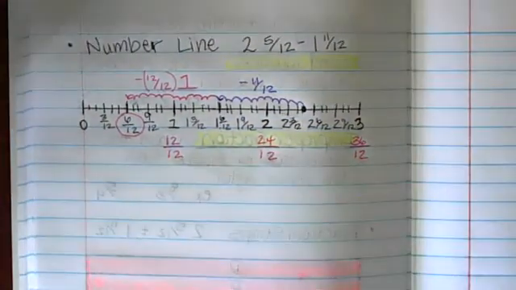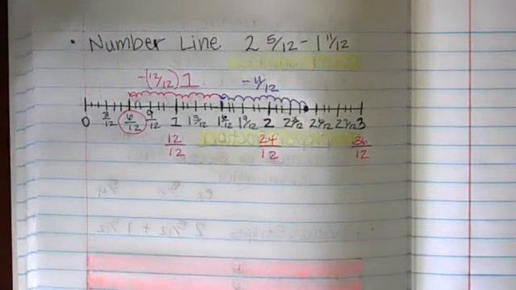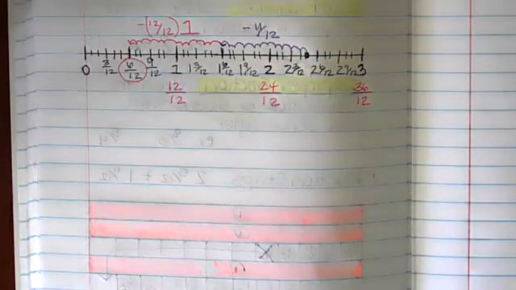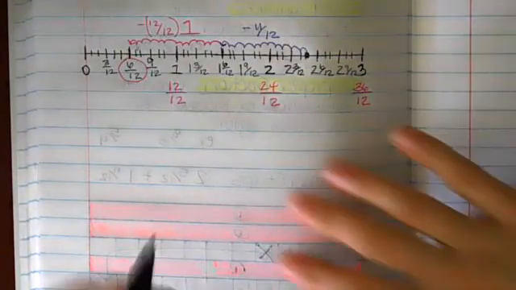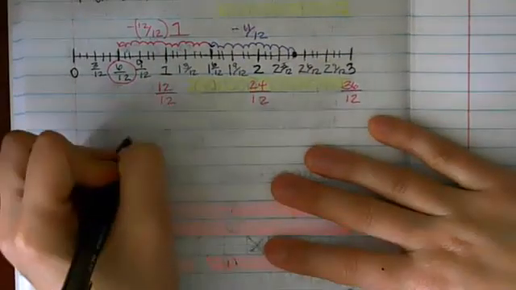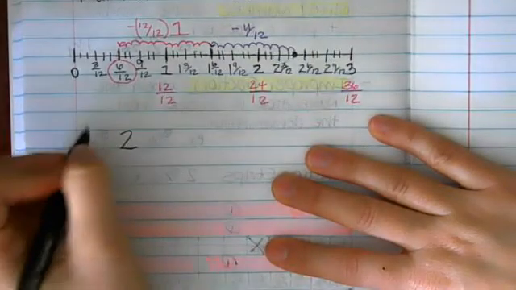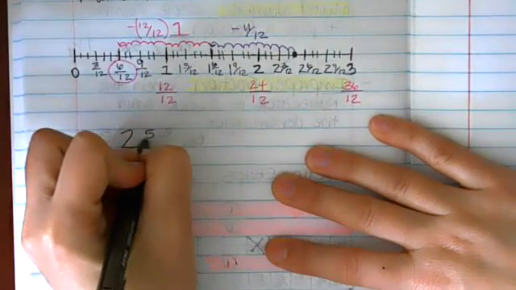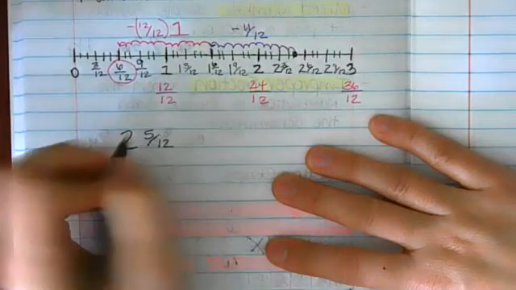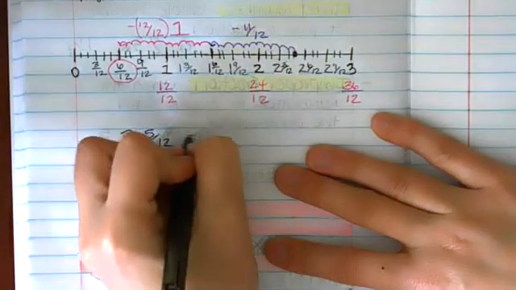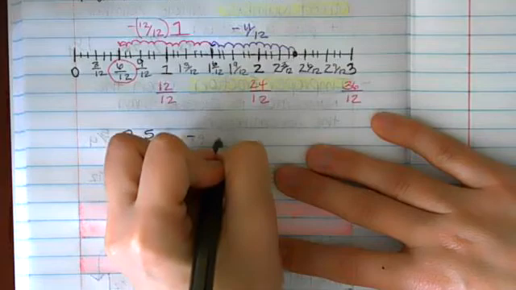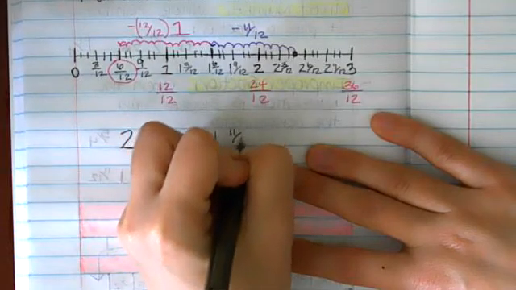I can also do this in an algorithmic way, besides just on the number line. I will show you this, because sometimes it's easier for people to understand how to do this in an algorithmic way than to use number lines or fraction bars. So, 2 and 5/12 minus 1 and 11/12.